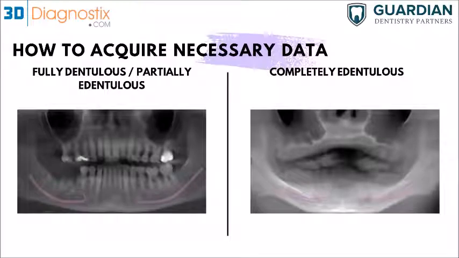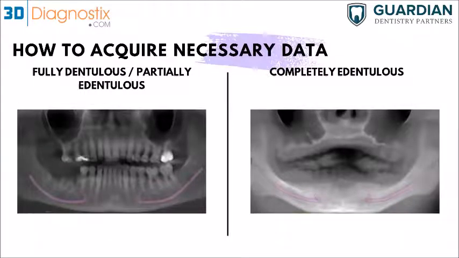It helps a lot in identifying the patient's articulation, or just the patient's bite, and that will give us a better example on how to plan and execute the case.